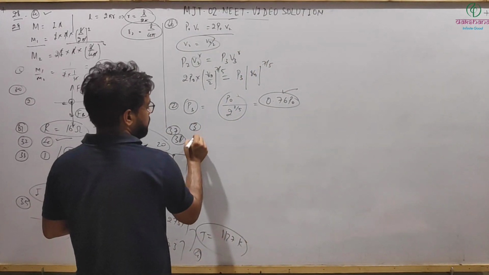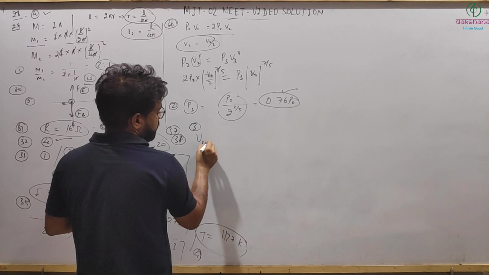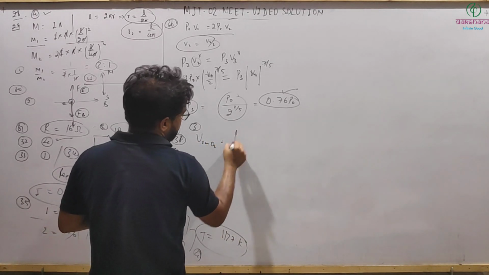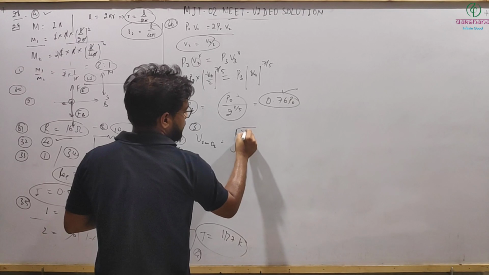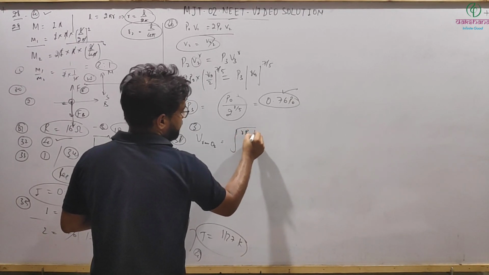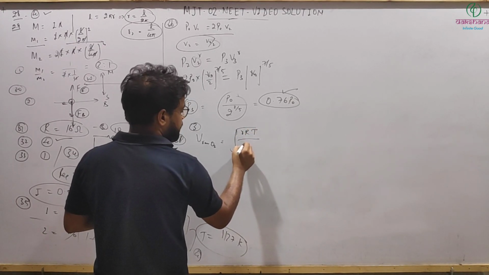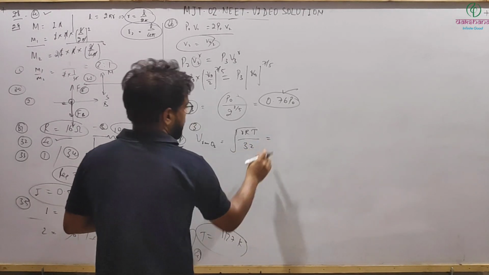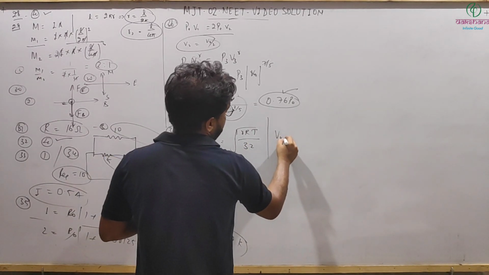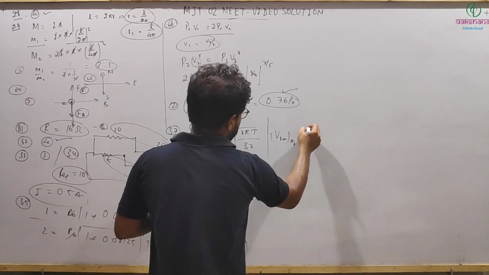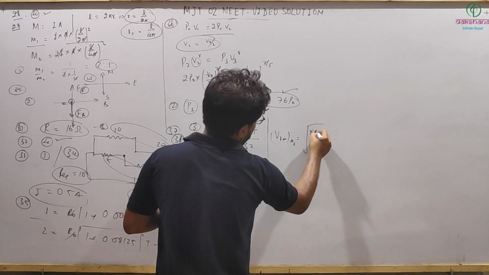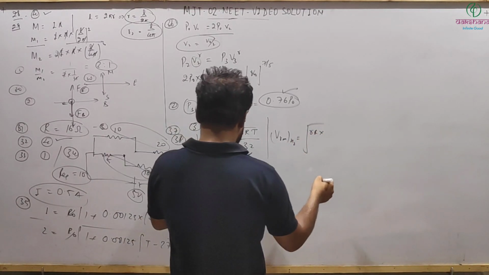So RMS velocity, Vrms for O2, this is equal to root over gamma, this is gamma for both, R into T divided by mass 32, and Vrms H2 will be equal to root over gamma R. Temperature is how much?